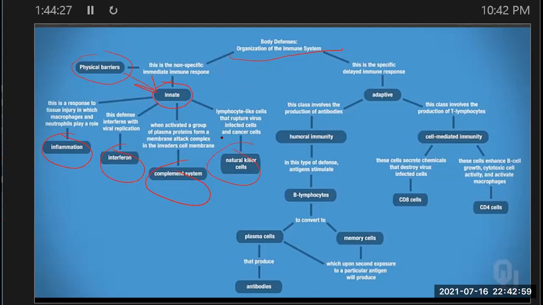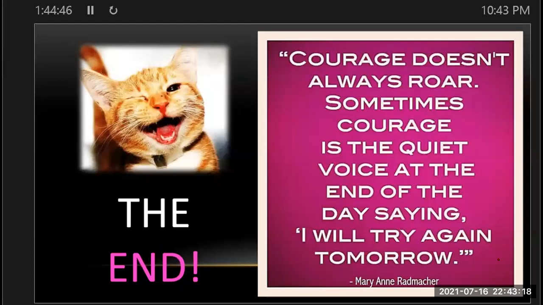Under adaptive, we have humoral for B cells and cell-mediated for T cells, CD8 and CD4, because these are lymphocytes. B lymphocytes further have plasma cells, but CD8 and CD4 also have memory cells, so we need to include that. That's it for the first discussion of immunology and serology.